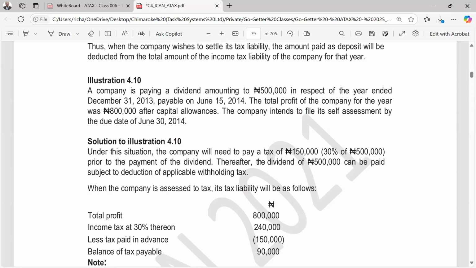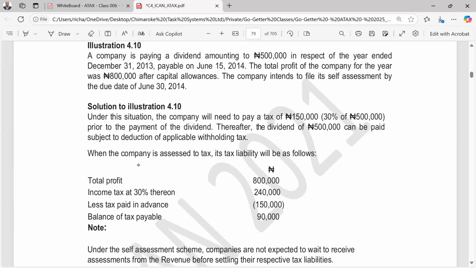Now, when the dividend tax is being used, as I said before, the company will pay 30% of 500,000, which is 150. They will pay it in the beginning when they want to pay this dividend. Thereafter, the dividends of 500 can be paid to their shareholders.